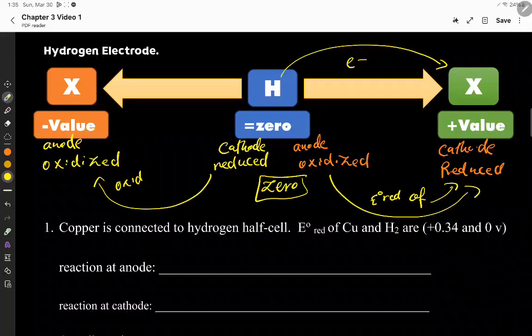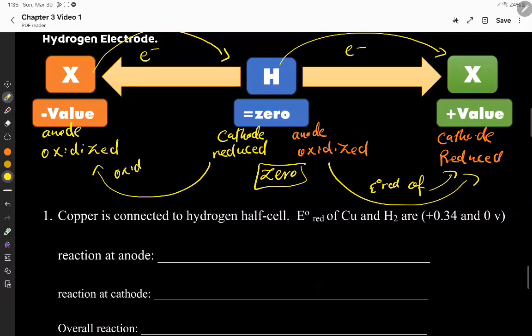If we connect hydrogen with a substance which has negative value, the electrons will flow from the substance with negative value to hydrogen, which means the substance will be the anode and hydrogen will be the cathode.